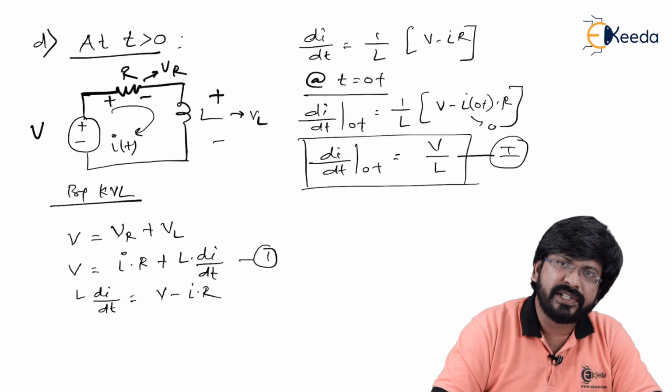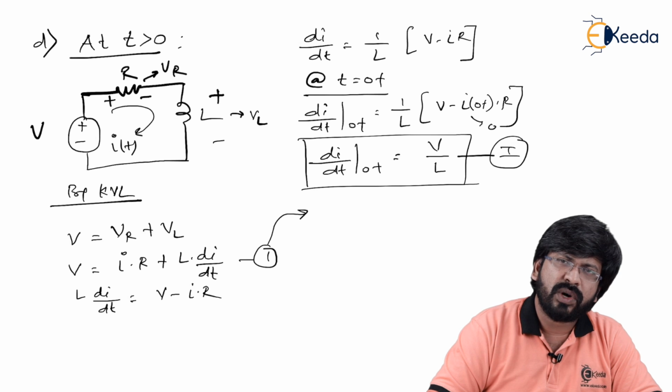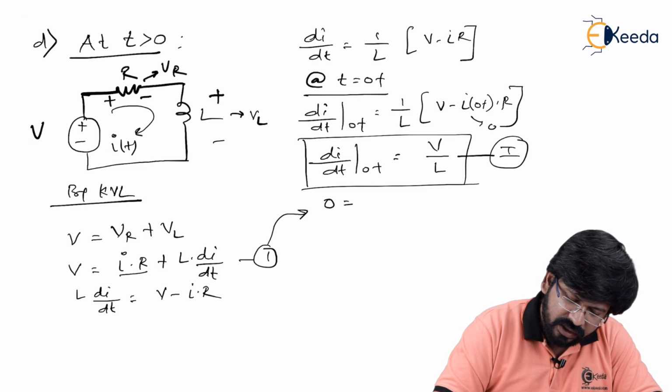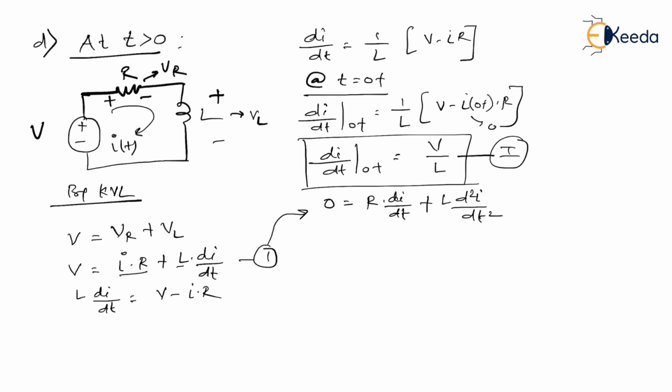Since we want d square I by dt square, we need to re-differentiate equation number 1. Redifferentiating equation number 1, as you can see, at the left hand side it was the supply voltage. What is the derivative of the supply voltage? Of course, being constant, the derivative of a constant is 0. So the left hand side becomes 0. It is equal to the derivative of I into R, which becomes R into di by dt, plus L, which is constant, into d square I by dt square. So L into d square I by dt square is equal to minus R times di by dt, or d square I by dt square is simply minus R upon L times di by dt.